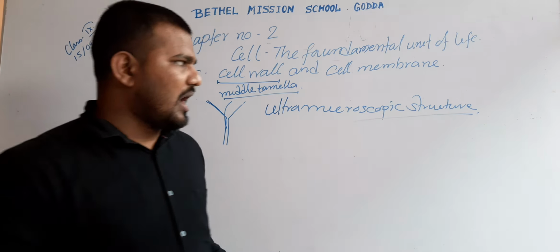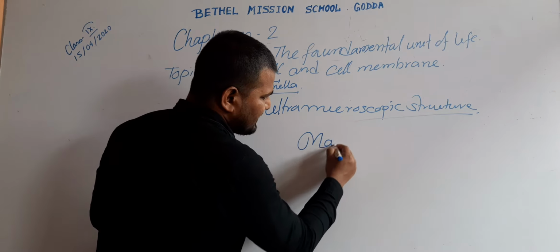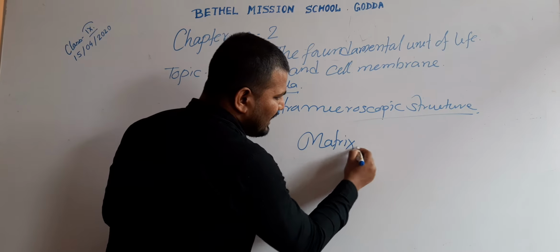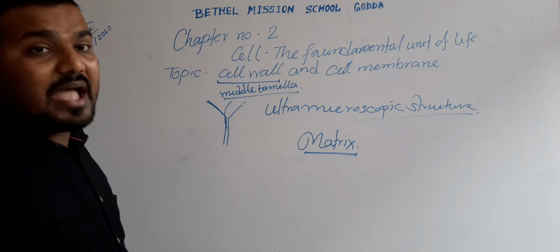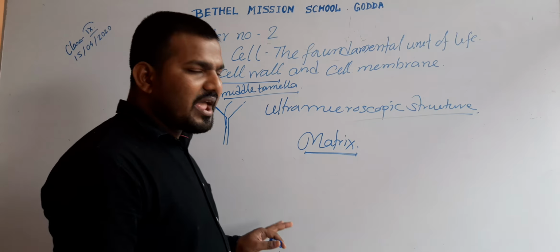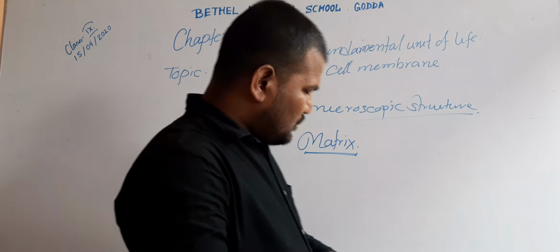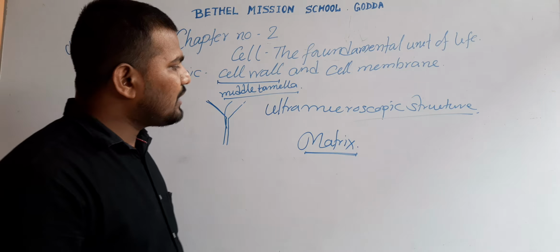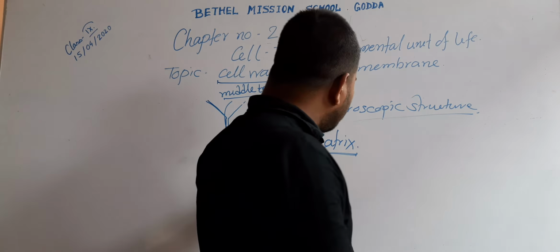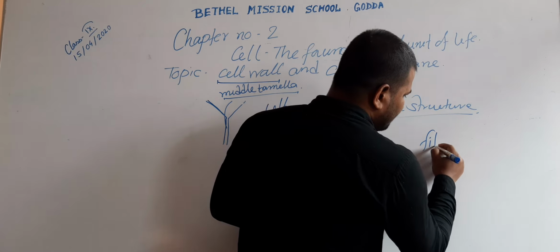The first one, some layer of fluid substance is present within the cell wall. They are termed as a matrix. And within the matrix, different types of fibrils are arranged. So, in the ultramicroscopic structure, cell wall contains two things. One is the matrix and another one is fibrils.